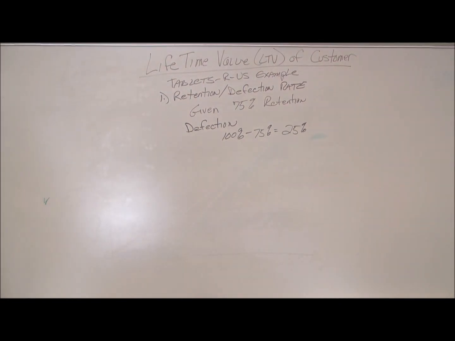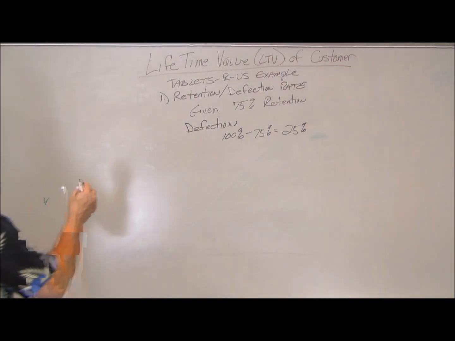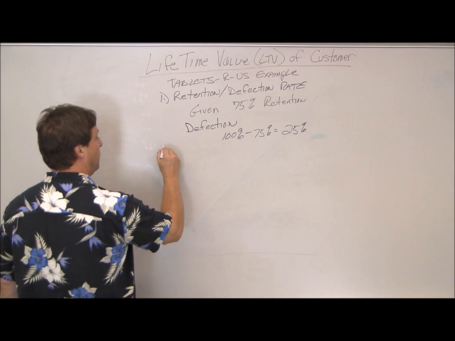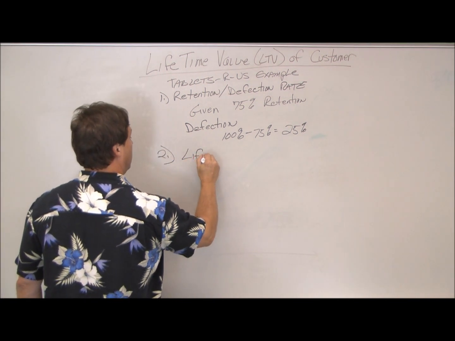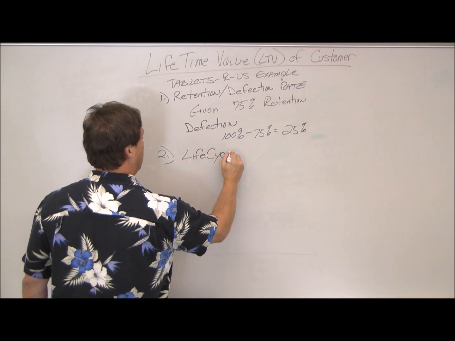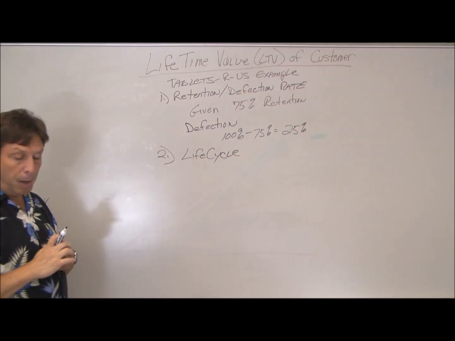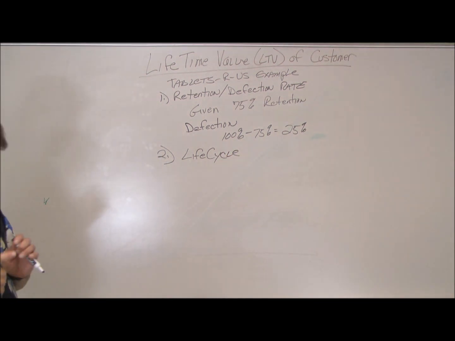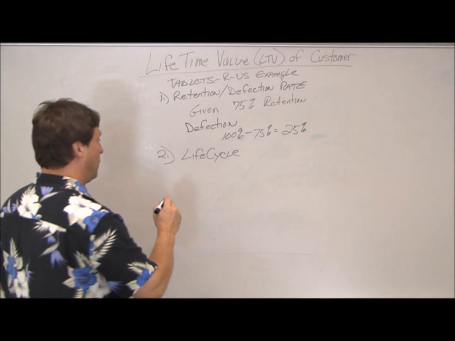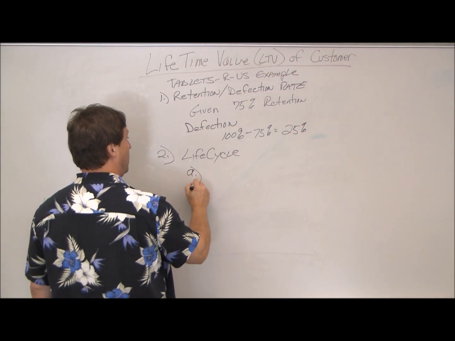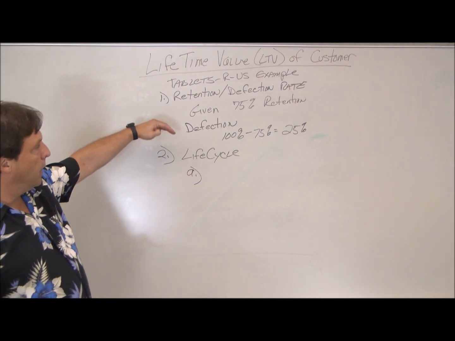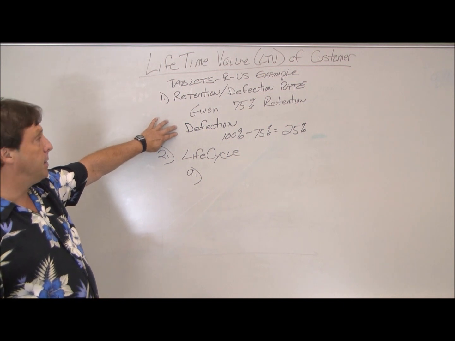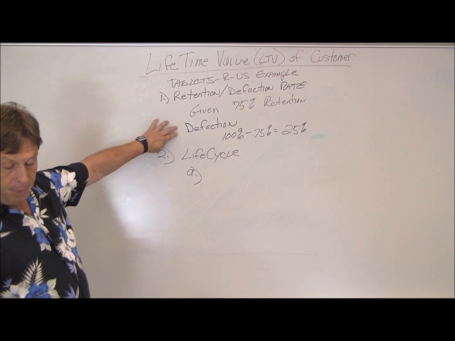Now we'll calculate the second one, which is the life cycle of our buyer. We could do this 2 ways. When we're first doing it, we use the intermediary step of the defection rate.